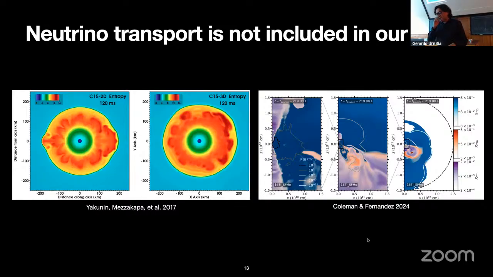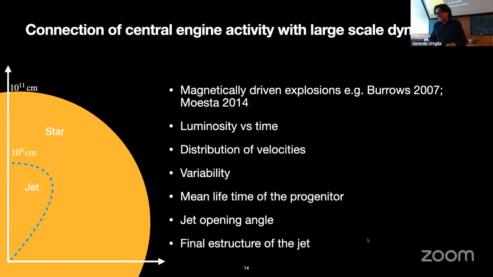But so far we have not included that because they are so expensive. But we are thinking about what could be the way to produce an explosion just in the center and following these explosions outside of the star.